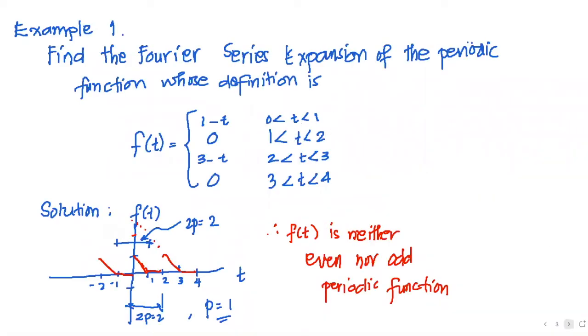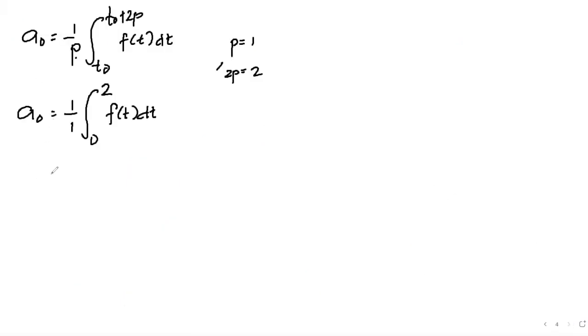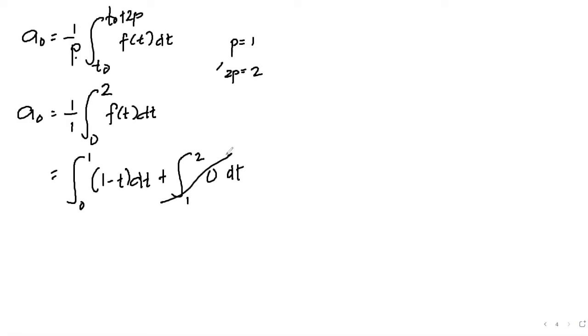So this interval 0 to 2 has different values of the functions. So from 0 to 1, the value of the function is 1 minus t times dt plus from 1 to 2, the value of the function is 0. So we can cancel this part. We are left with the integral of 1 minus t. So integral of 1 times dt is, we write t. Integral of negative t dt is t squared over 2 with limits from 0 to 1.